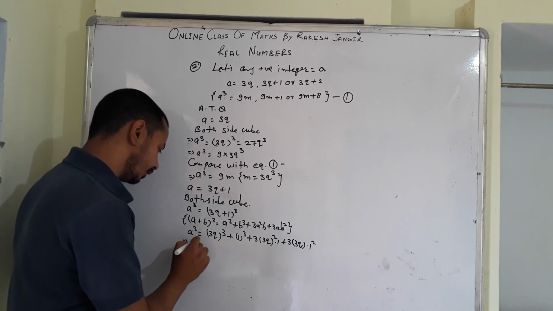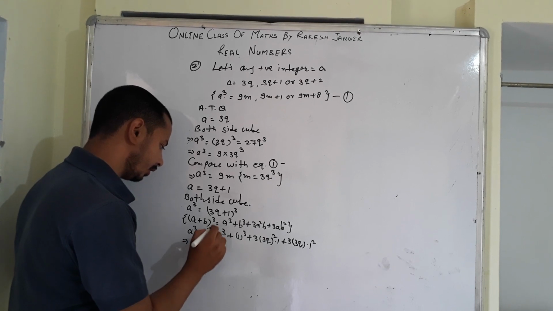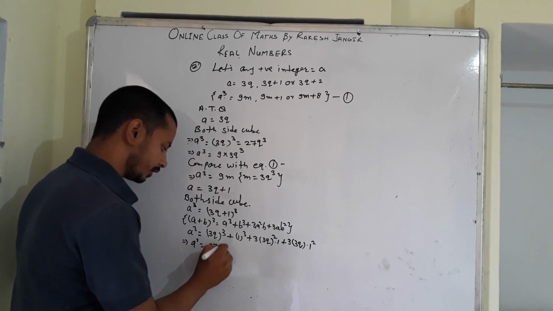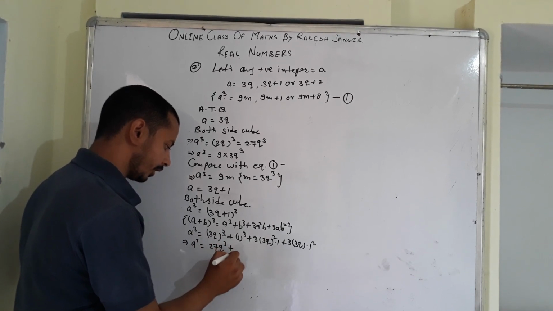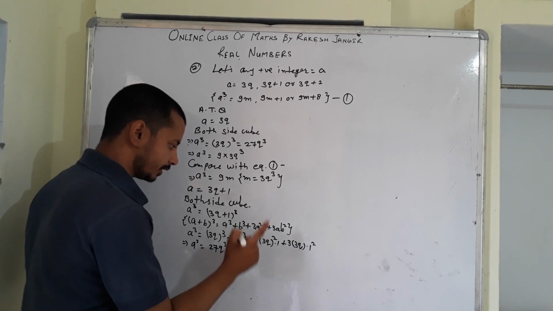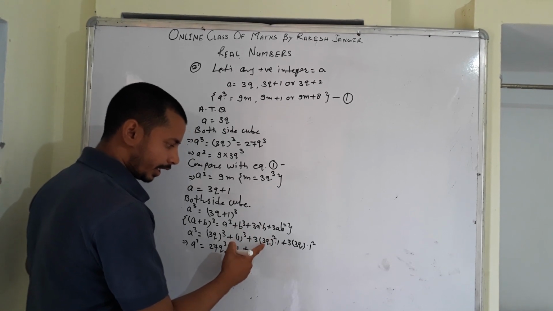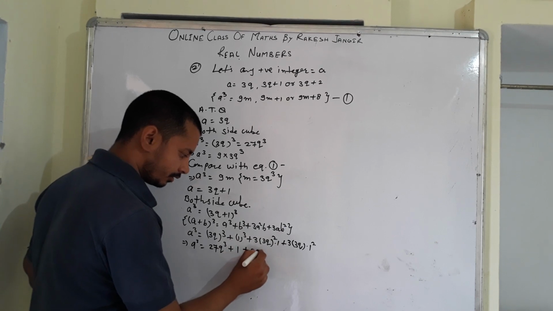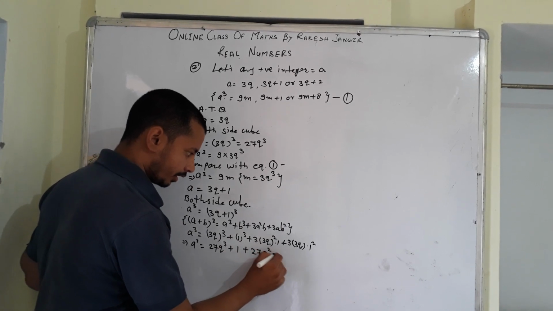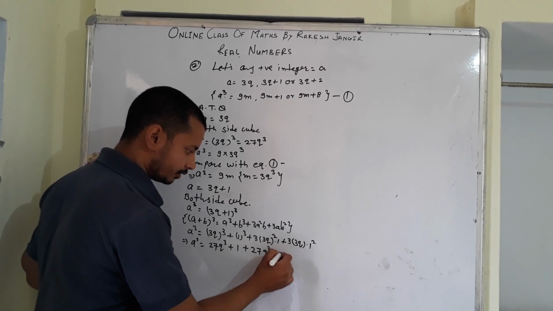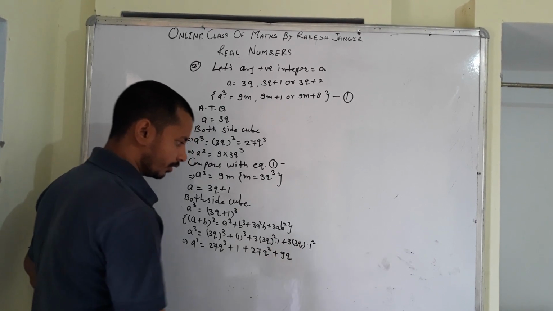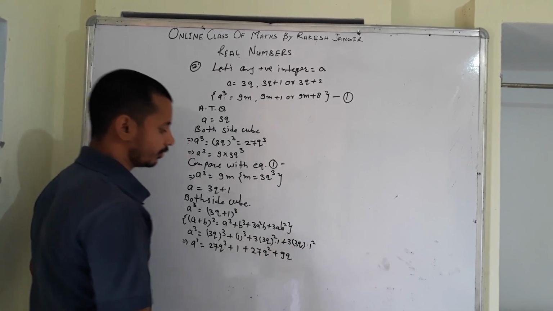Okay, simplify the step, then we find a cube equals 27q cube plus 1 plus, square of 3 equals 9 and 9 3s are 27, 27q square plus 3 3s are 9q, and the square of 1 equals 1.